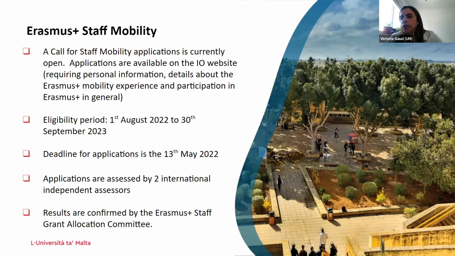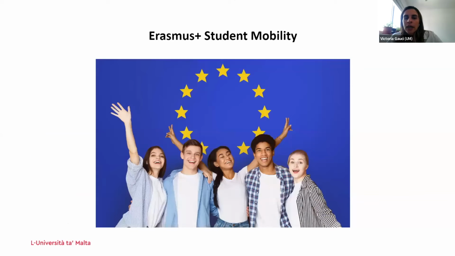So these are, in unusual circumstances, decisions pertaining to complex situations that might require further discussions. The aim of this grant allocation committee is to ensure transparency in the process. That is very important for us.